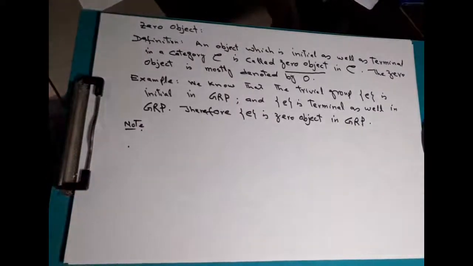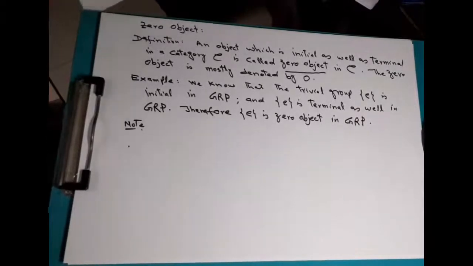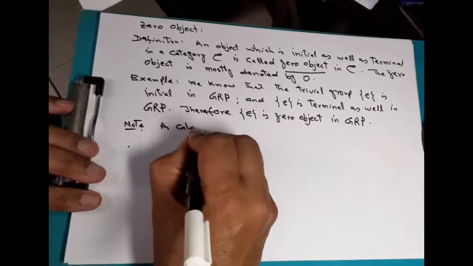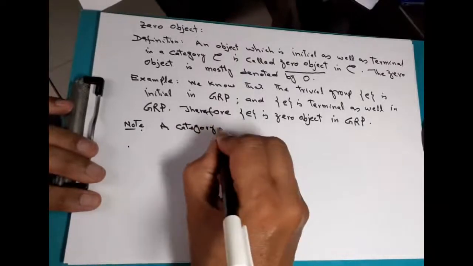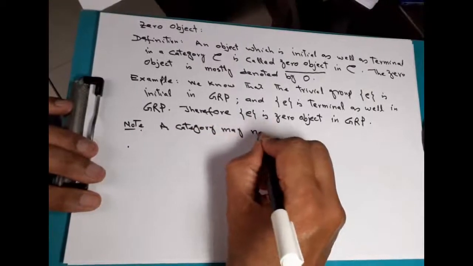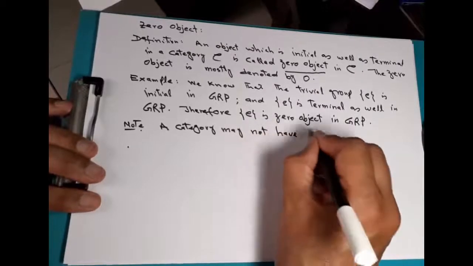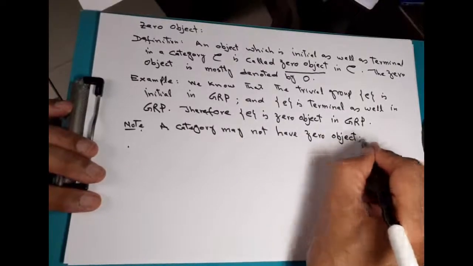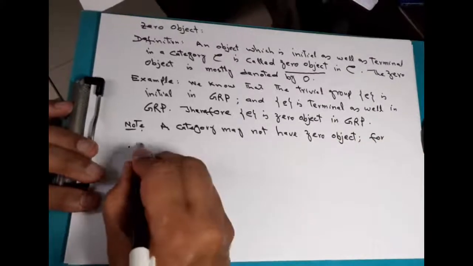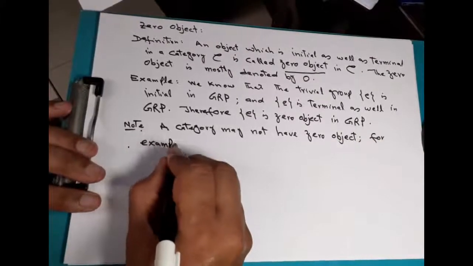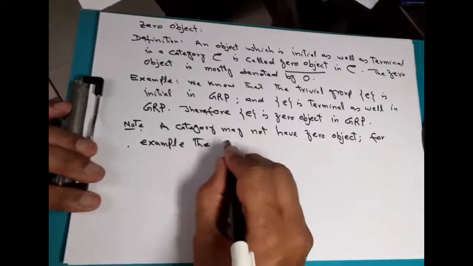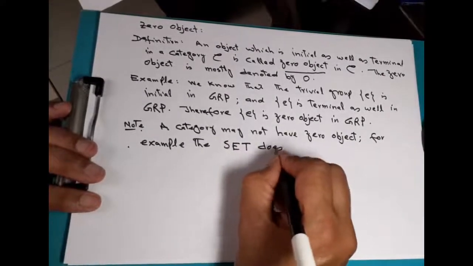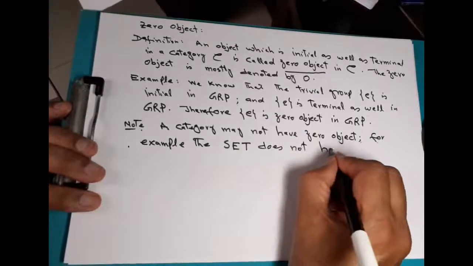A category may not have a zero object. For example, the category of sets and functions does not have a zero object.